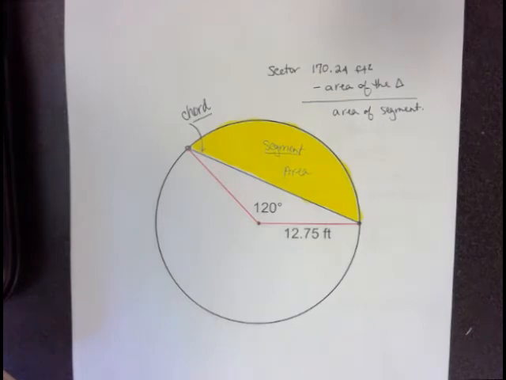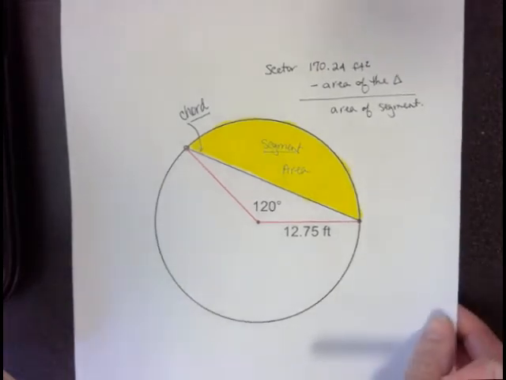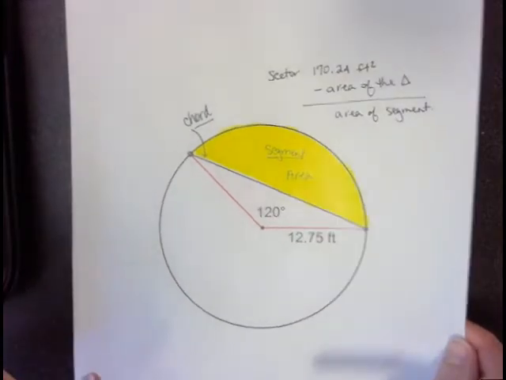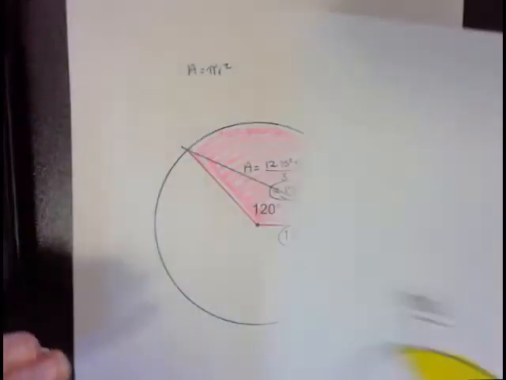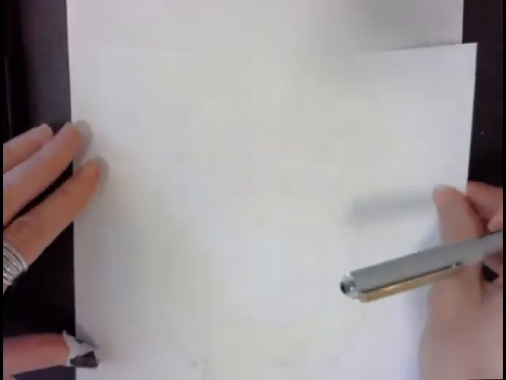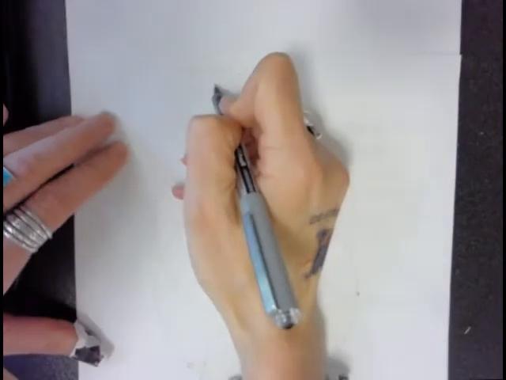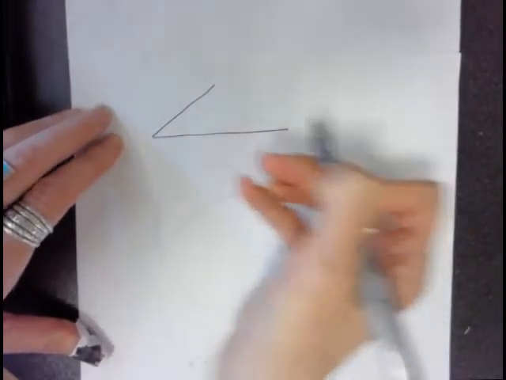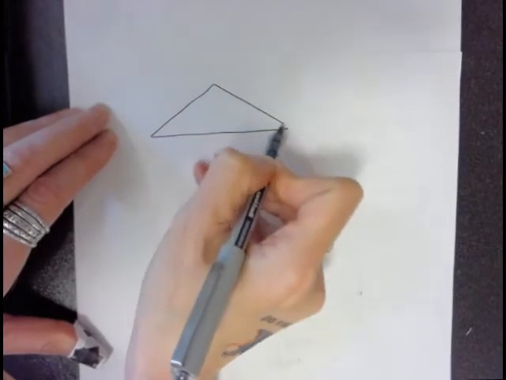So I first have to draw. I'm going to redraw this triangle for you so you can see it as just a triangle. Okay? So imagine I'm going to redraw this triangle. There's a lot of information you already know here.